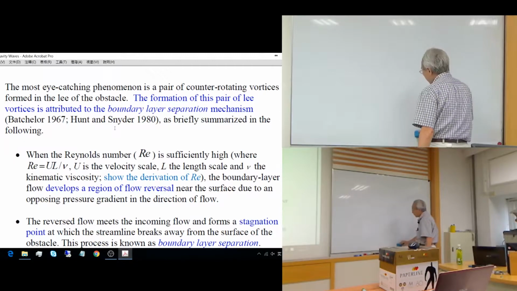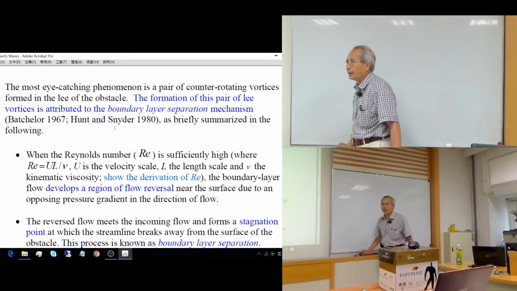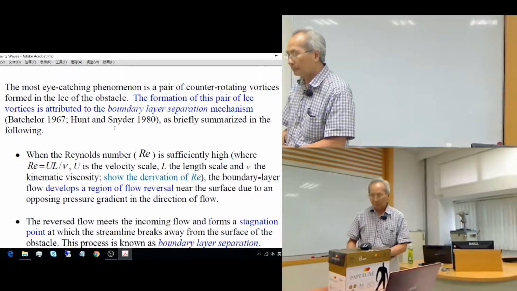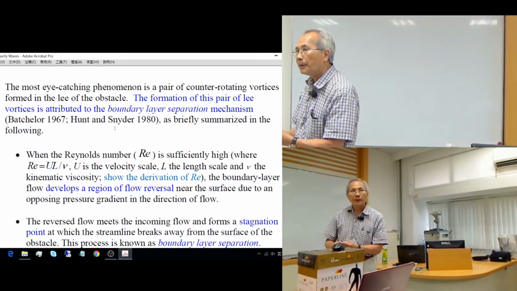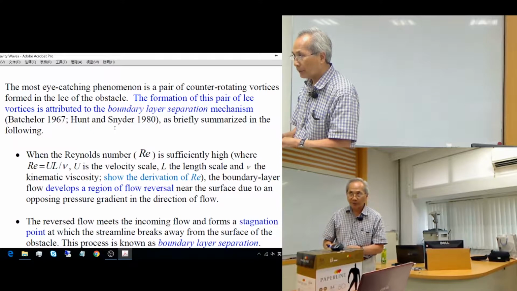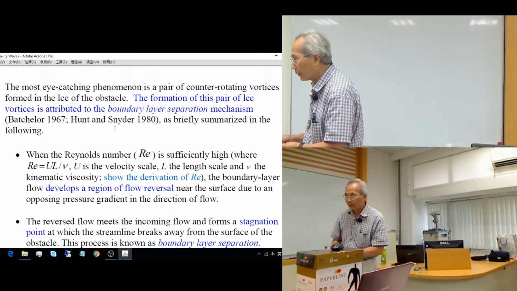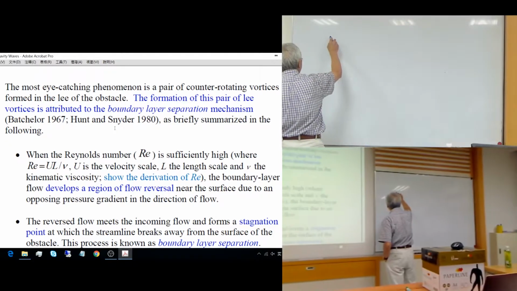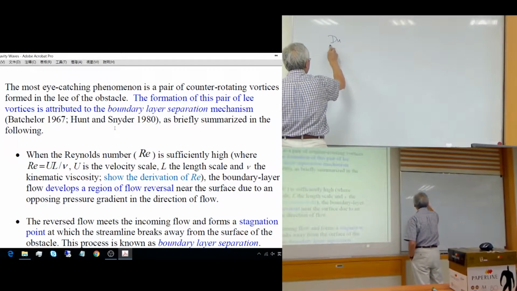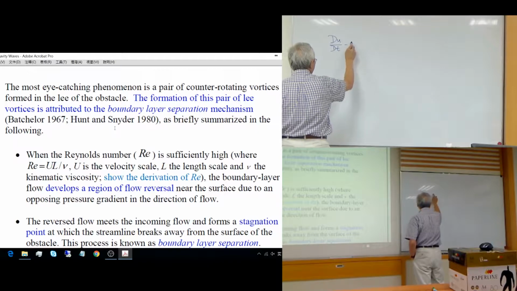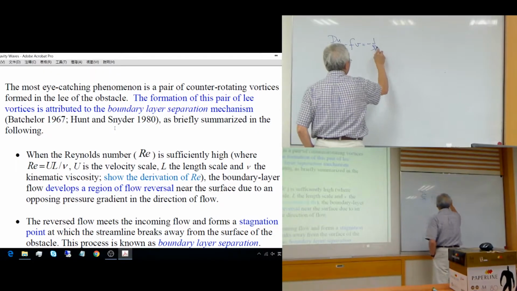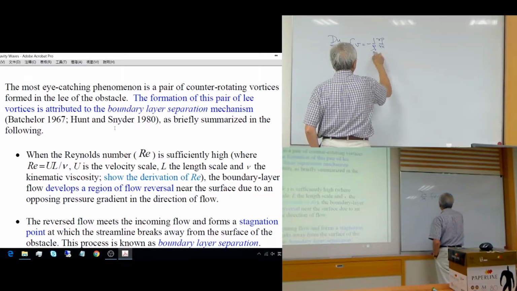So how do you get that U L over nu? You go to the equations. Say, for example, you look at the equation du/dt minus Fv equals negative 1 over rho naught partial P partial x.